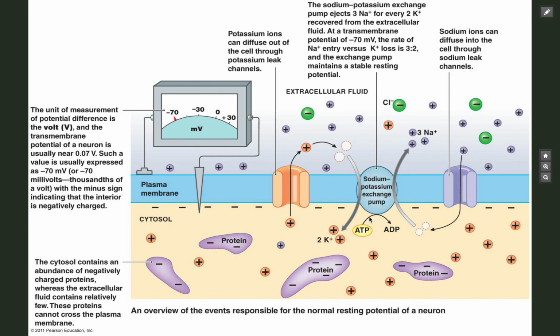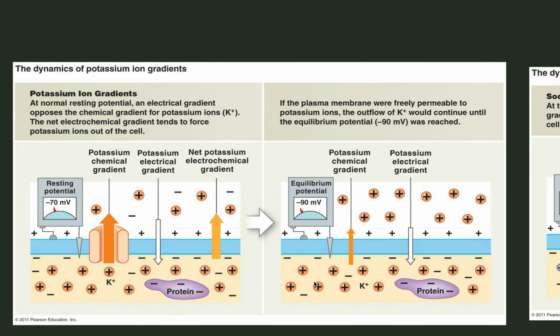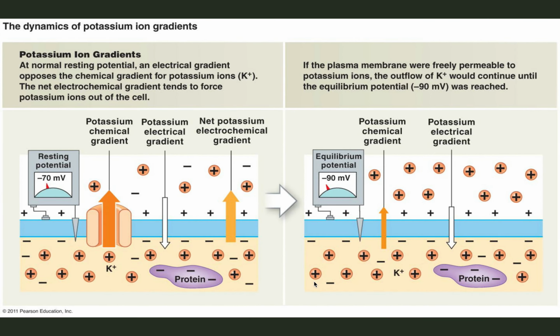Then the sodium-potassium pump is working, sodium out and potassium in, to offset those leak channels. And again, ions want to move because of their electrochemical gradient. So let's move on now.